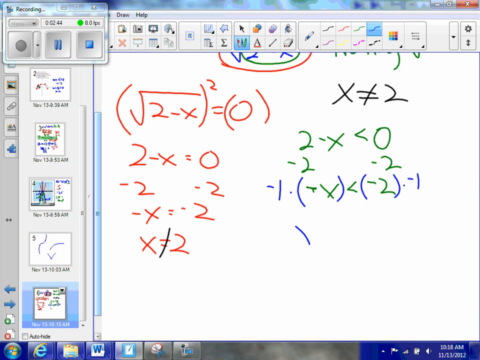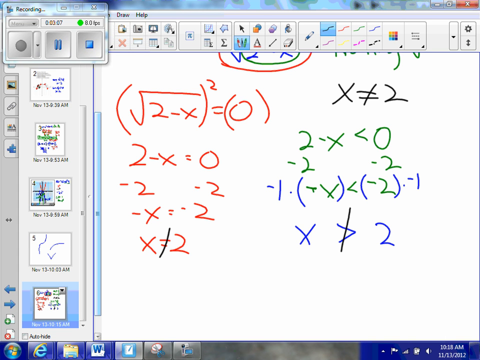So I have x, and I have positive 2, but I need to flip my sign when I'm multiplying by negative numbers. So this is telling me x cannot be greater than 2. Is that right? Yes. Right. So x cannot be equal to 2, and it cannot be greater than 2.